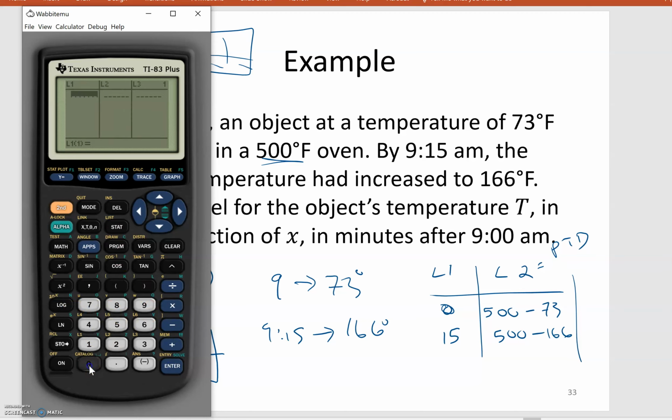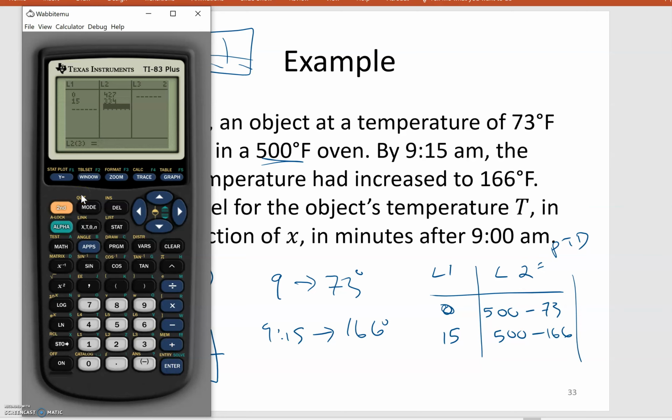L1 is 0 and 15. L2 will be 500 minus 73, then 500 minus 166.